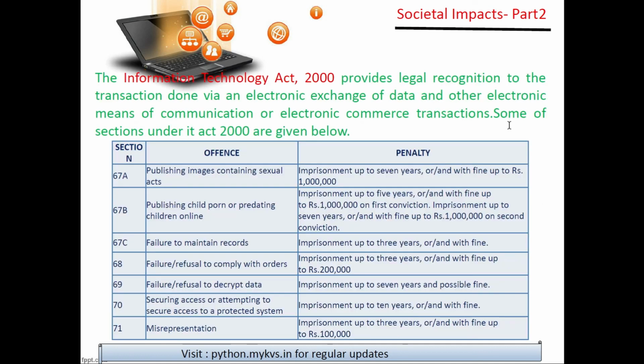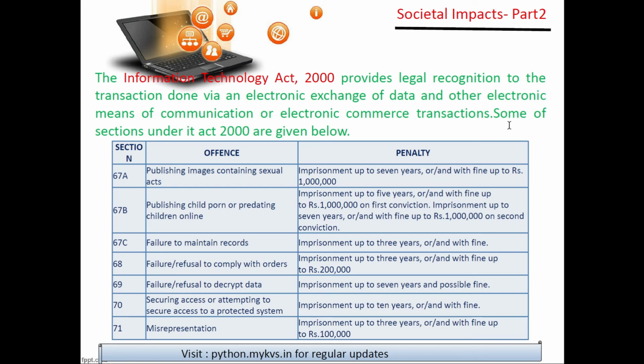You can see here that offenses and penalties have been listed under the Information Technology Act. It provides legal recognition to transactions done via electronic exchange of data and other electronic means of communication, or electronic commerce transactions.